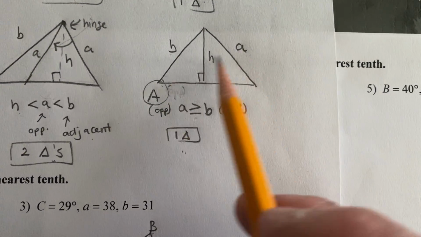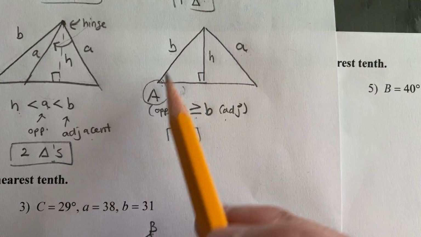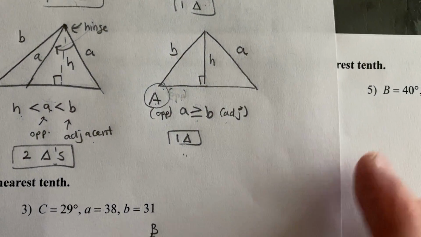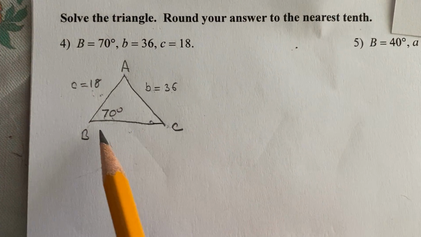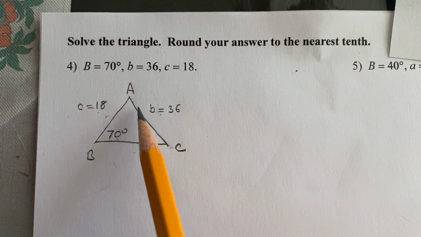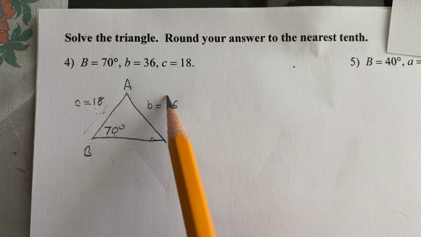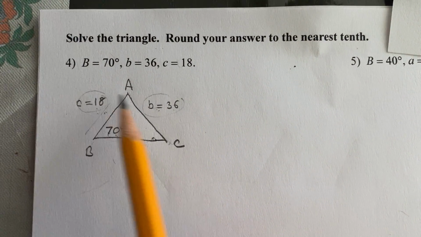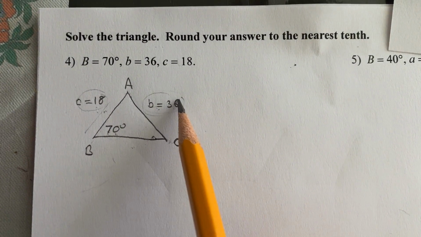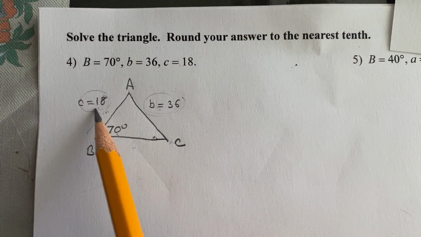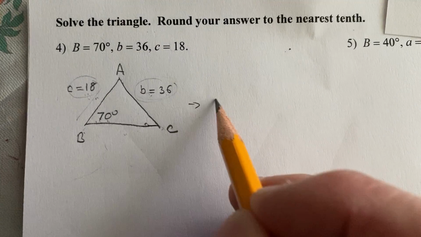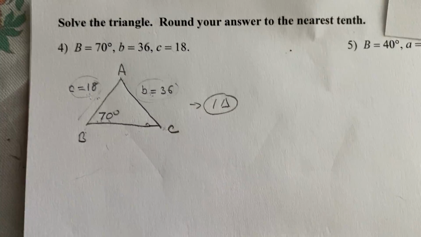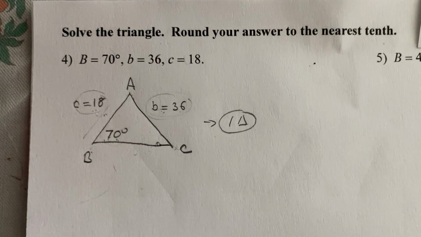That's why it's important not to just memorize in terms of capital A and B, because in this problem I call this B, and in the notes this guy right here is B. So this side, the opposite side of the fixed angle, is greater than the side that's adjacent to the fixed angle. We know there's only going to be one triangle in this problem. So there's no ambiguous case.